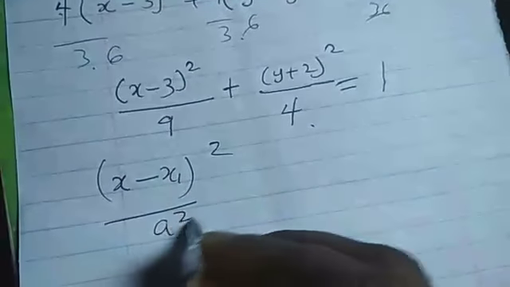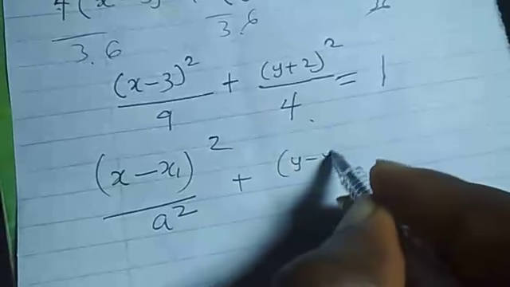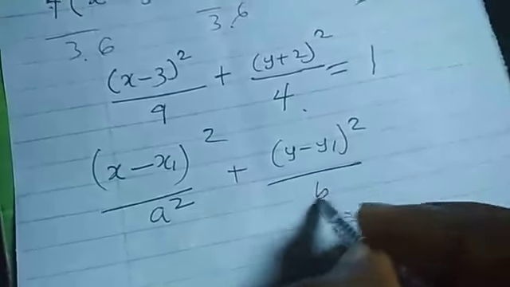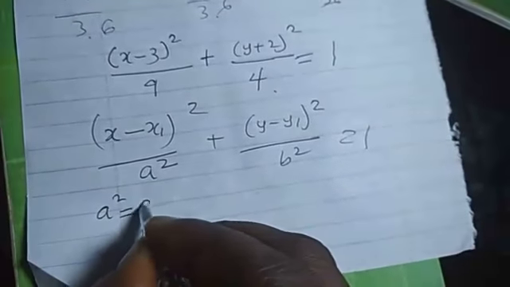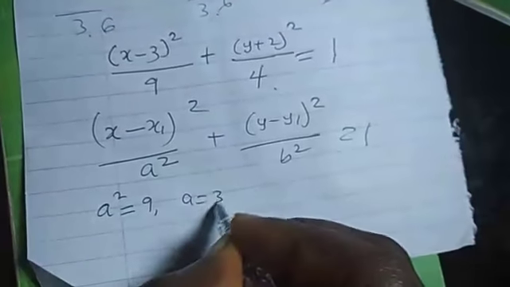If you compare it to this, x minus x1 squared over a squared plus y minus y1 squared over b squared equal to 1, you see that it's an ellipse. From that, I can quickly deduce that a squared is 9, a is 3.